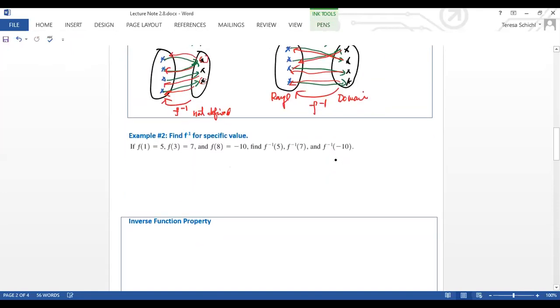Okay, so let's say find f inverse for the specific function here. So now this is f of 1, f of 3, f of 8, right?